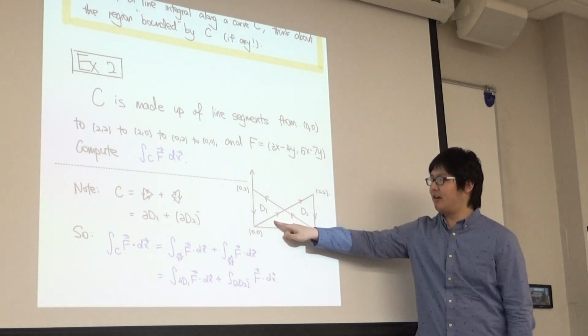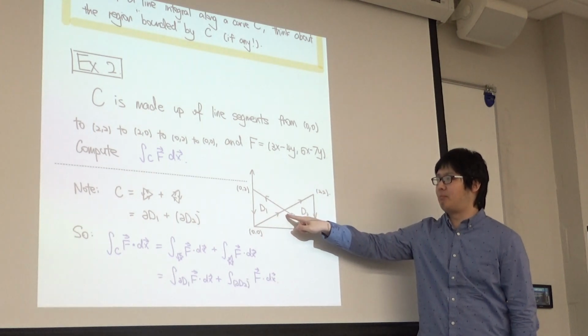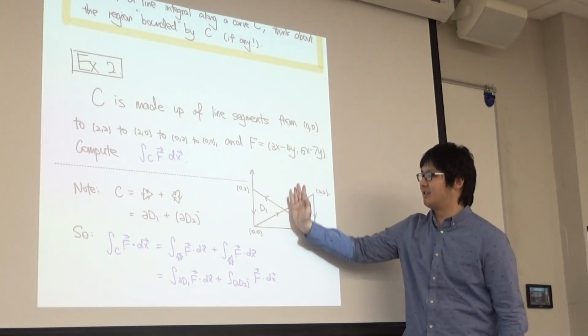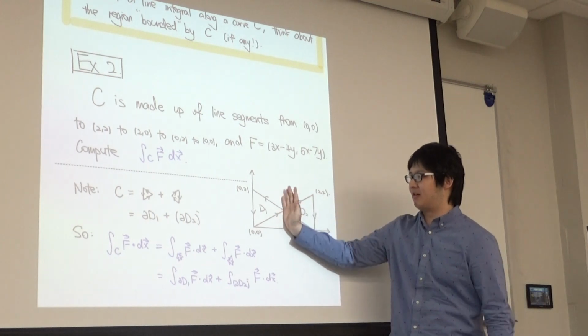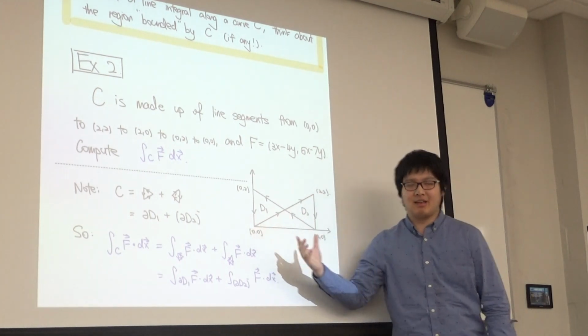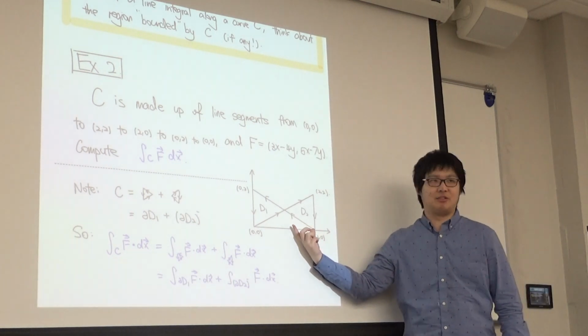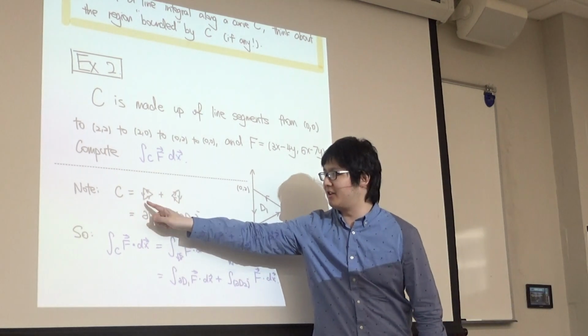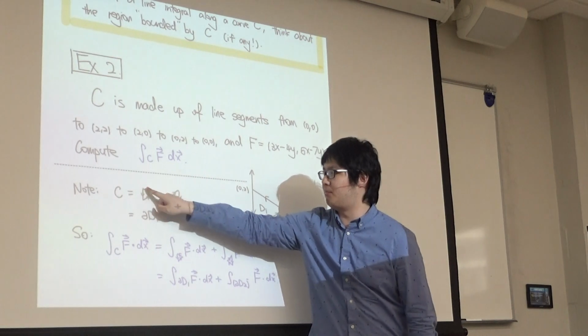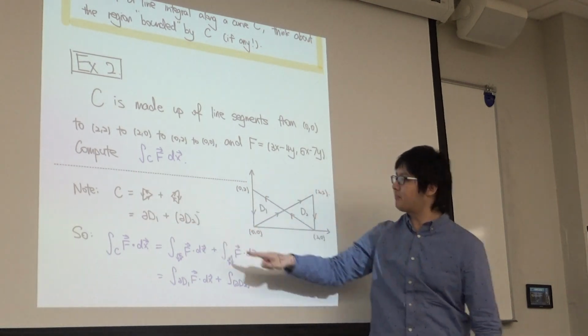So we see that this curve actually consists of two parts. First is the left wing of this butterfly, so that's D1. And then we have the right wing of the butterfly, which is D2. So what I denote here is the left component and the right component.